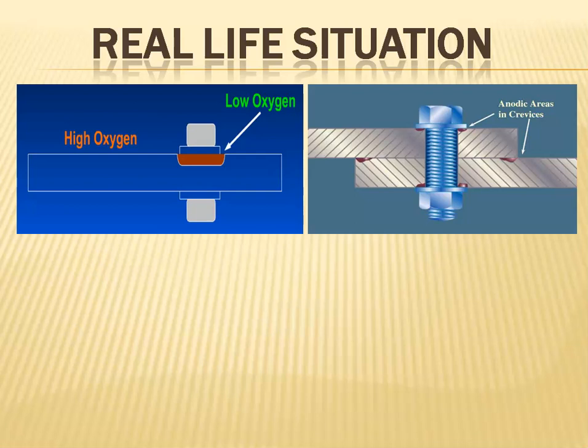Here we can see a few machine parts where the metal in some areas is exposed to more oxygen, while in others it is exposed to less oxygen. In the fastener, in case 2, it is the crevices where the metal is exposed to less oxygen.